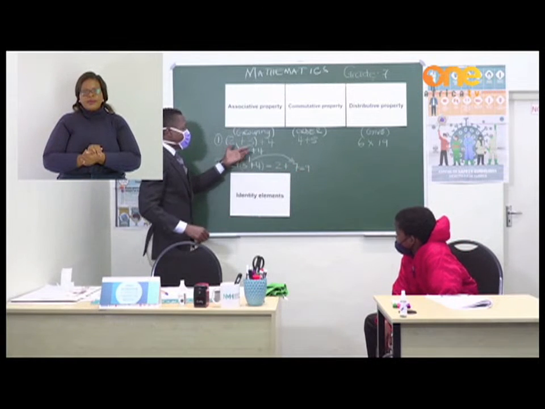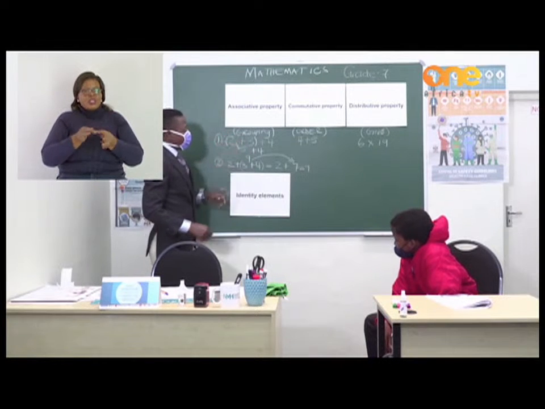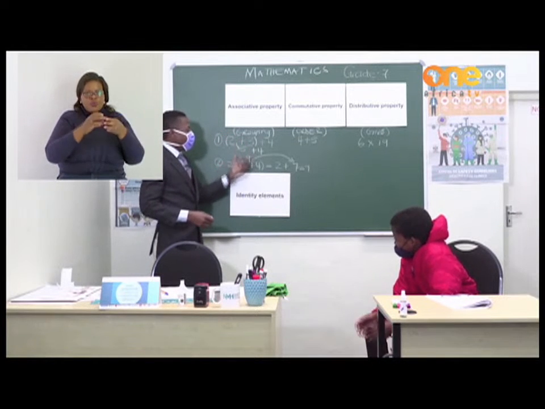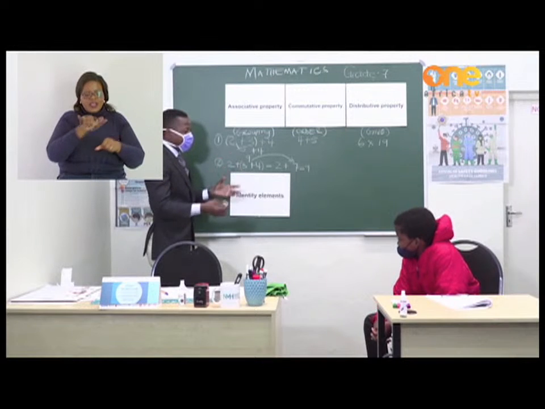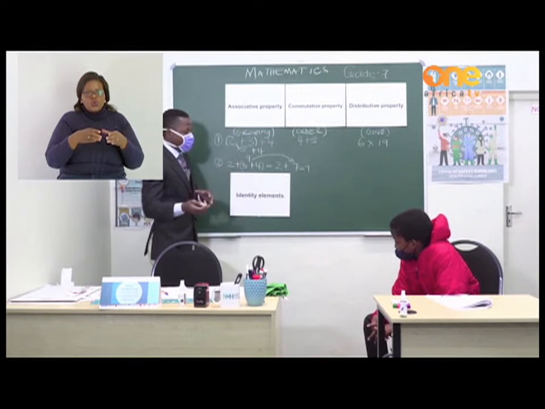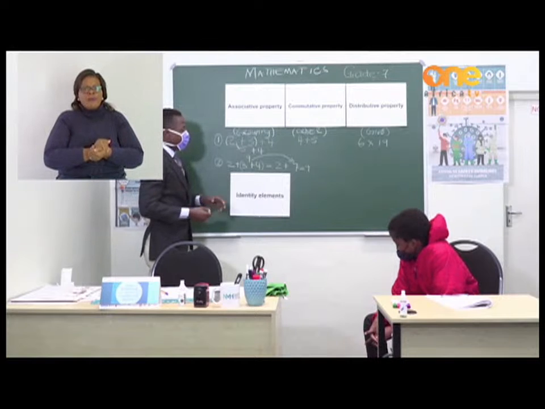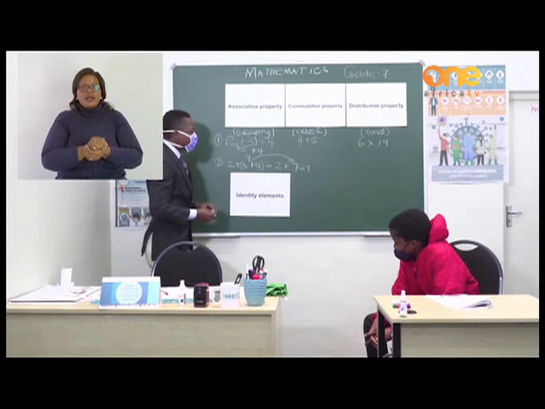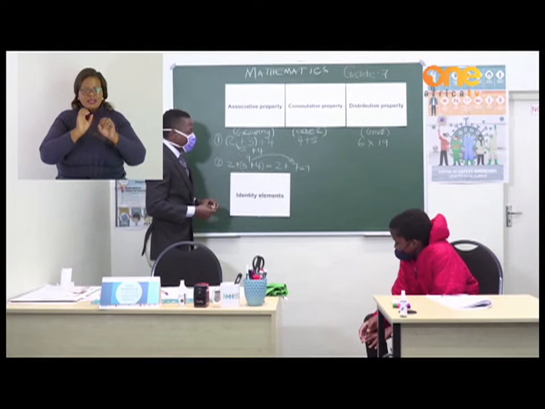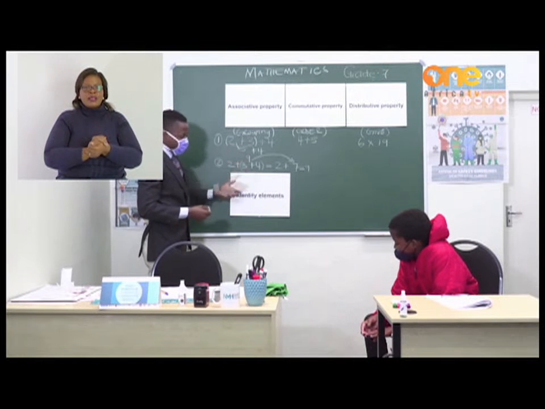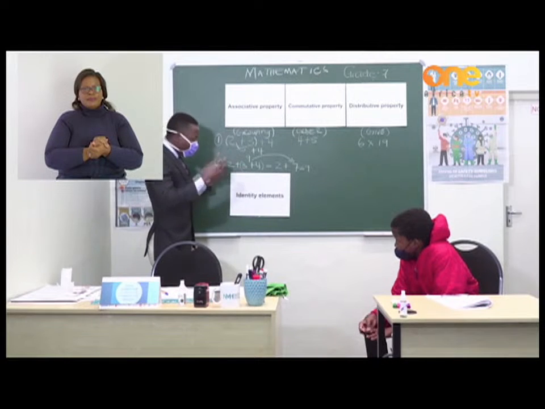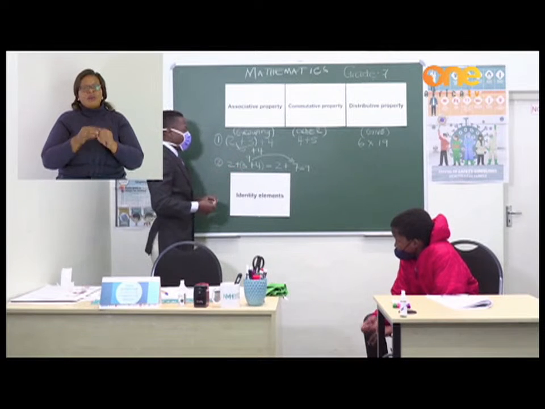So in short, when it comes to associative property, you can decide to work on a certain number that you feel like, yes, this number is associated to this, and then you can get your answer. But remember, the answer will always be the same, but you are not limited to start where you prefer to start, depending on which number you feel is associated with the other.